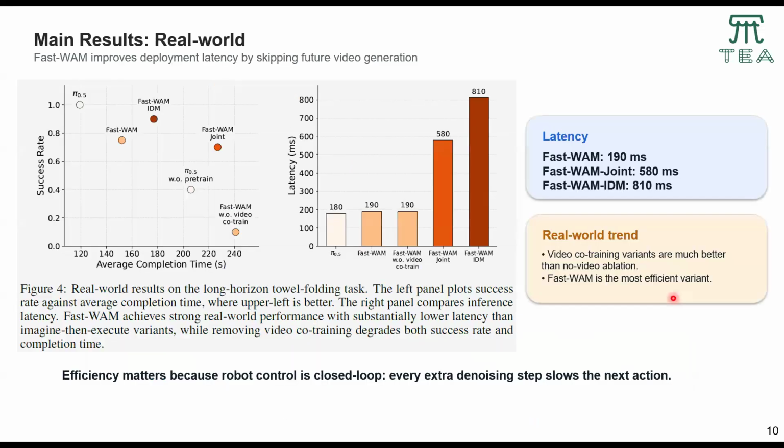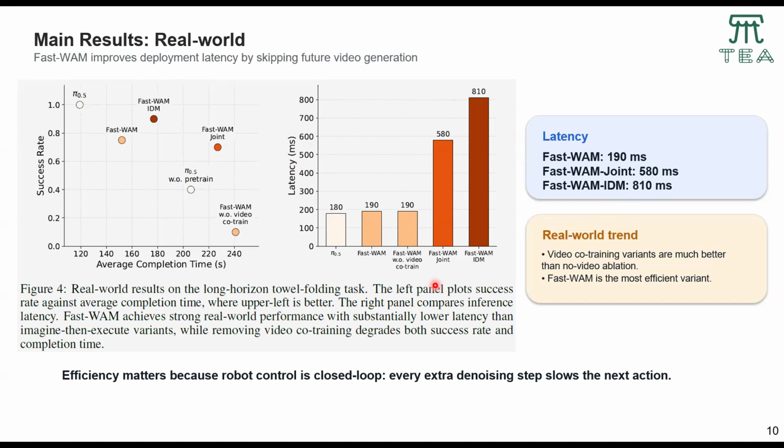And here are the real world task results, and the metrics contain the success rate, the grasping object success rate, and the latency of the whole system. So you can see the Fast-WAM model runs at 190 ms, while the IDM version takes 800 ms. These results also show that the video co-training variants are much better than the no video co-training variants.